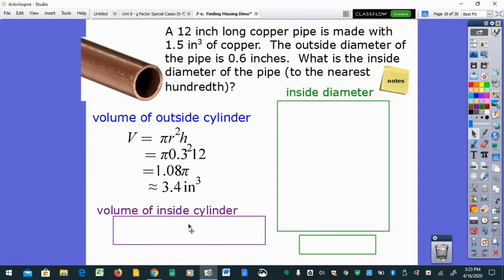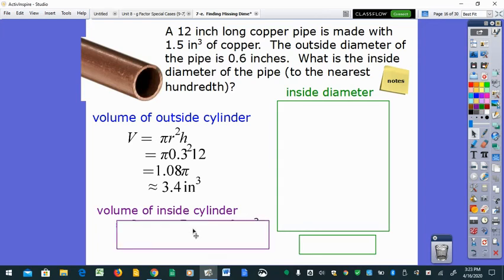So I'm going to take the 3.4 and subtract the 1.5, and the hole, imagine if you could measure the cylinder, it's just air that's in there, the air would have 1.9 inches cubed. And what I want to do is find the diameter. I'm going to start with the radius of the hole, of the air inside. So I have the volume and I have the height, but now I need the radius. So now I'm doing the inside diameter, which is the volume of the air inside, basically.